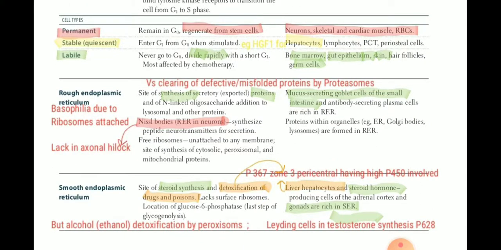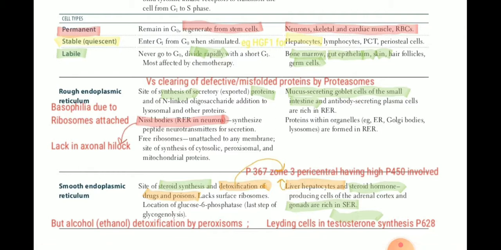And Nissl bodies are rough endoplasmic reticulum in the neuron, and they synthesize peptide neurotransmitters. Peptide means protein neurotransmitter, because rough endoplasmic reticulum synthesizes protein, and the specialized rough endoplasmic reticulum in the neuron is called Nissl bodies. That is asked in MCQ.